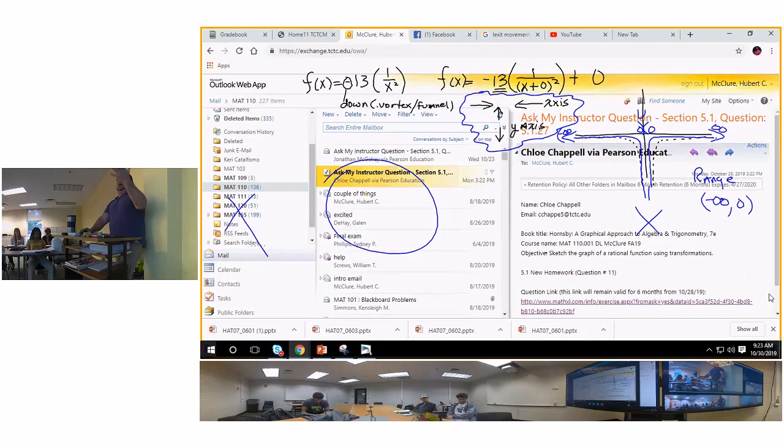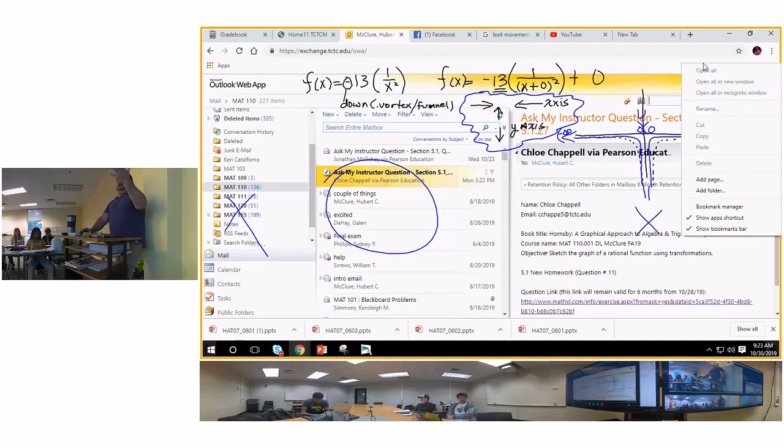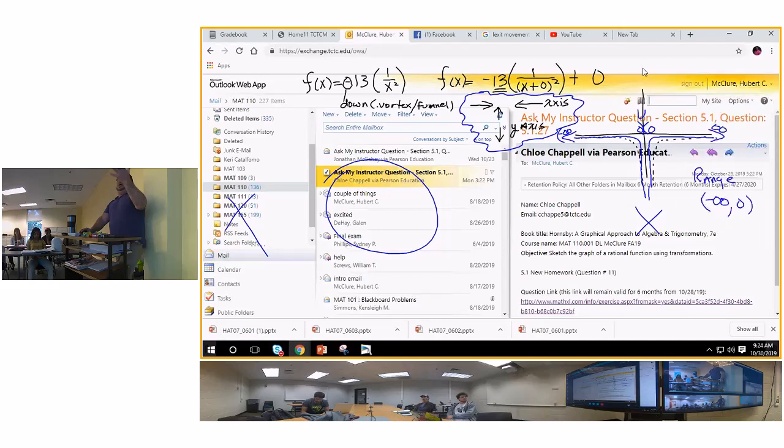Next question is, I don't know what's wrong with this whiteboard. It's just not, now it's gone. See, it's not. Y'all see what I'm saying? It's not coming up.